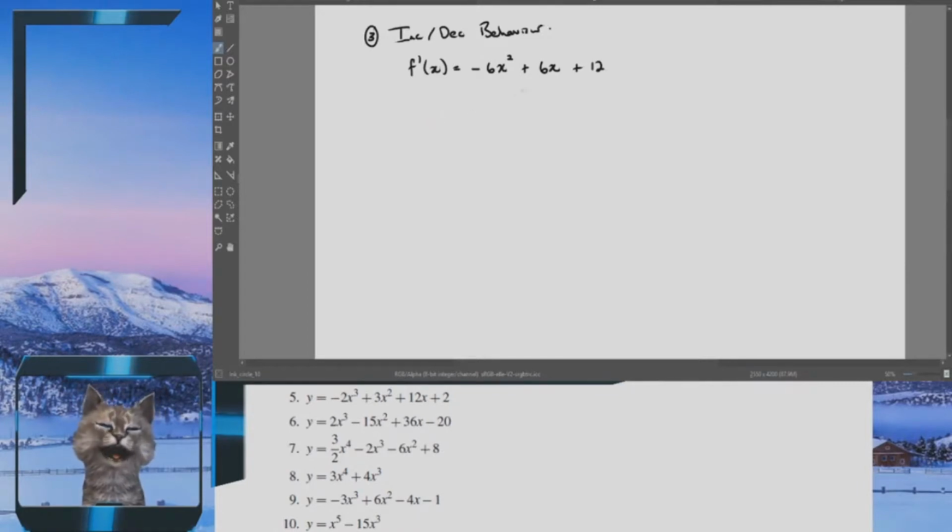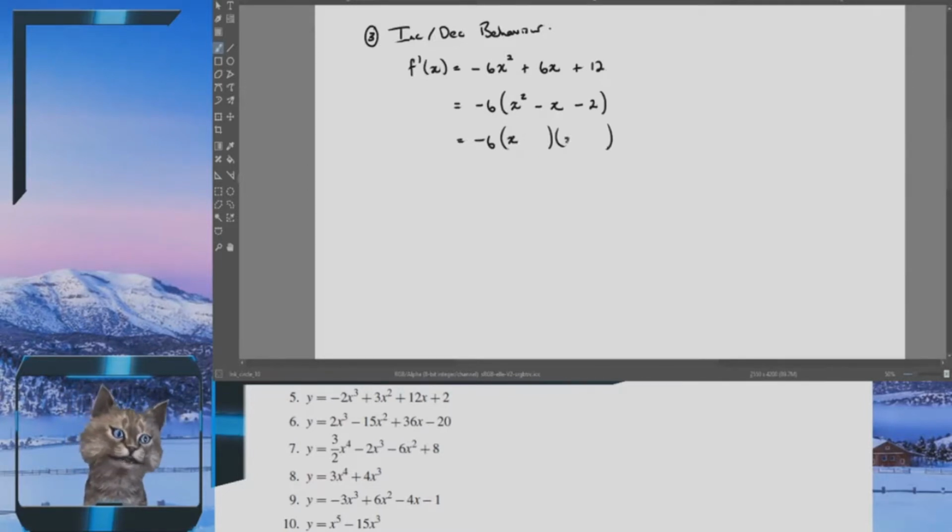So I want to clean this up and factor it in the case of a polynomial. So what I could do is take out a negative 6 to make it even easier. Then I have x squared minus x minus 2, and then I can factor that as 2 brackets. Now your factoring skill might be different, so we don't want to make it too complicated.